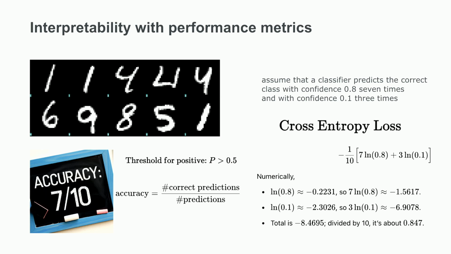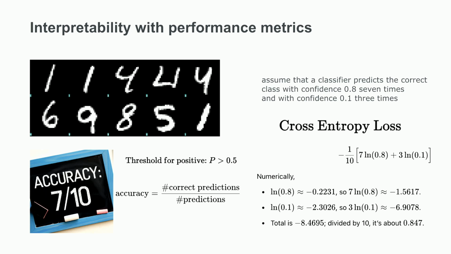So there is something that is a bit confusing here, and that is that accuracy misses the confidence information that we had in the probabilities, like what we were doing to evaluate cross-entropy loss. The loss function captures more of the prediction quality. However, it is less interpretable.